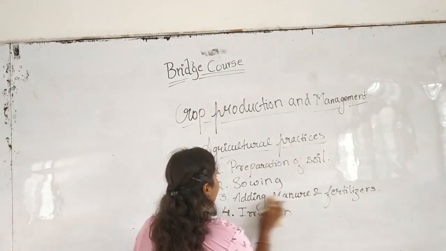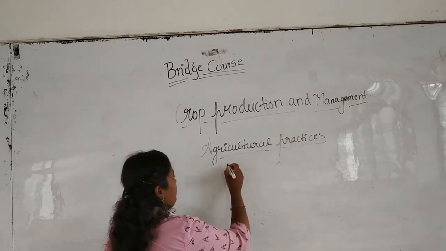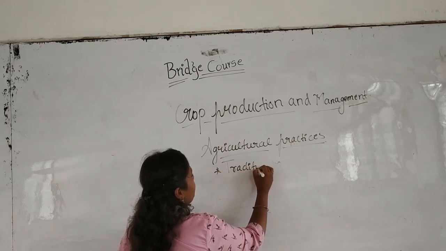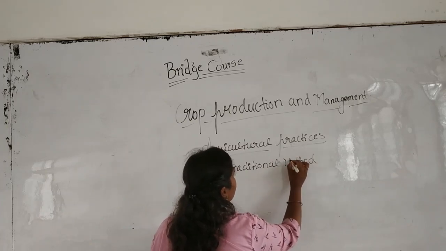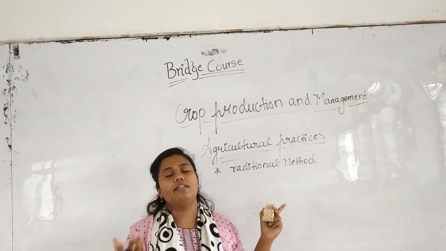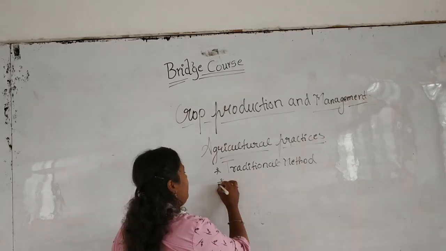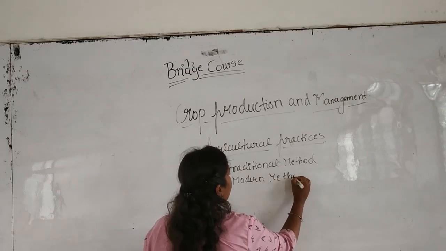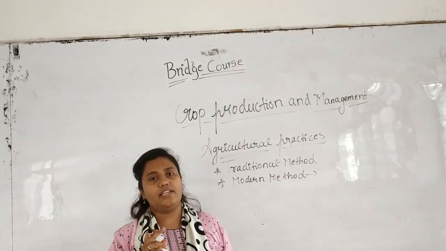The first is traditional method. In traditional method, the modern method involves sprinkler system and drip irrigation system.